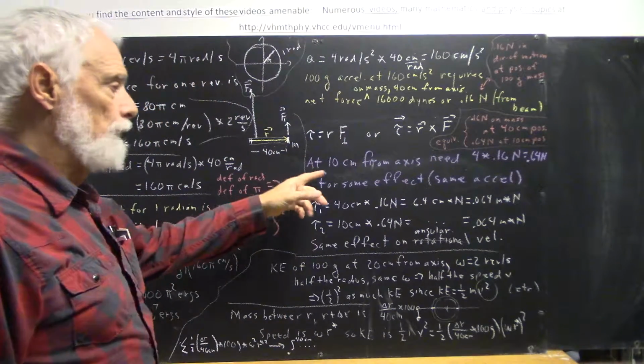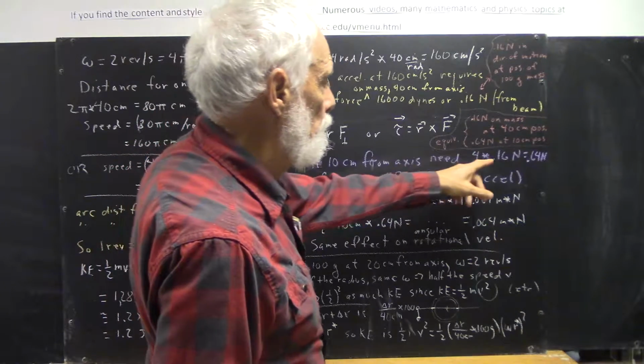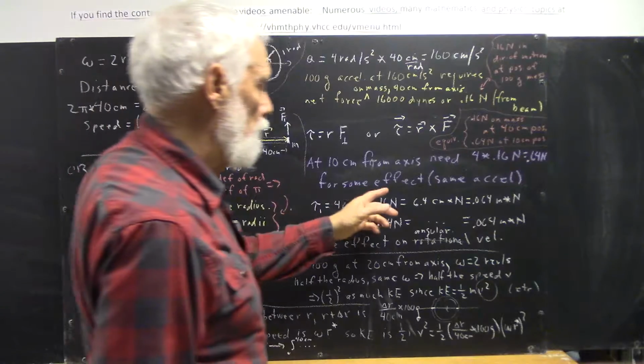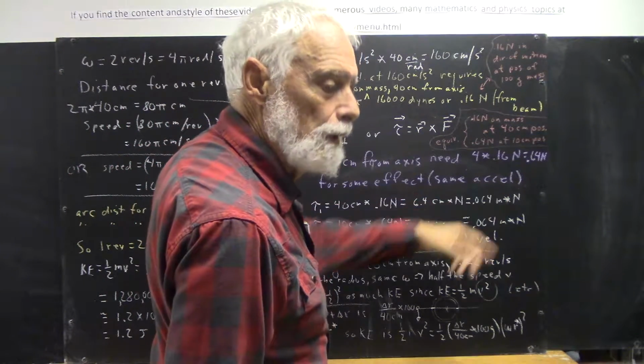And we make the statement at 10 centimeters from the axis, we would need 4 times 0.16 newtons, 0.64 newtons for the same effect to get the same acceleration out here.